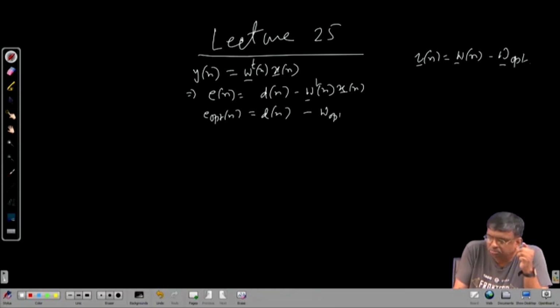This is all from the previous day's lecture, a quick recap. So, the variance of this is larger than the variance of this, because this is where I use the optimal filter, and the difference between them we are trying to work out.